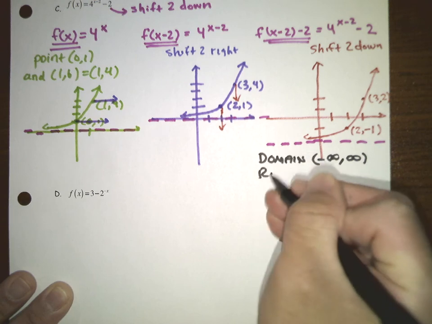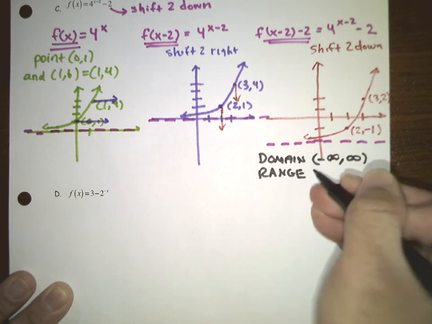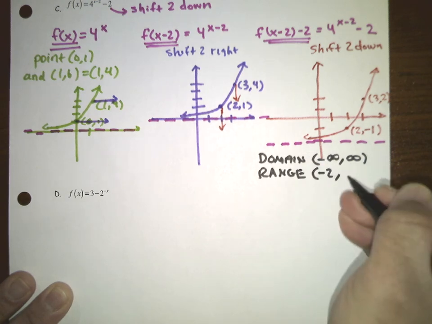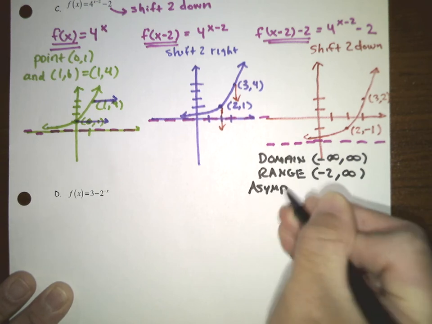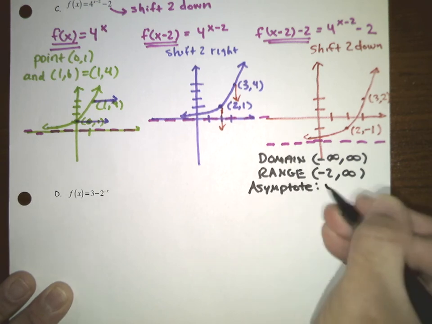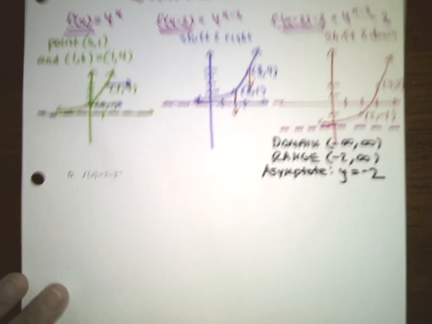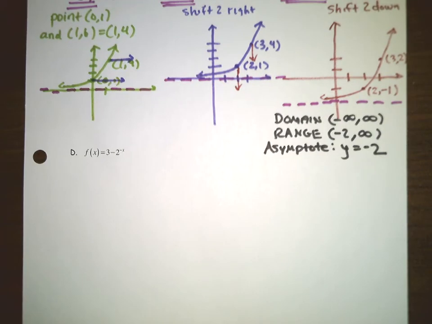The range now starts at -2 instead of 0, so -2 to infinity, and the asymptote got shifted down, so it's now y is equal to -2. All right, so if you have any questions about that, please feel free to ask, but I don't think it's too bad. I think that it's just maybe a little bit tedious to see.